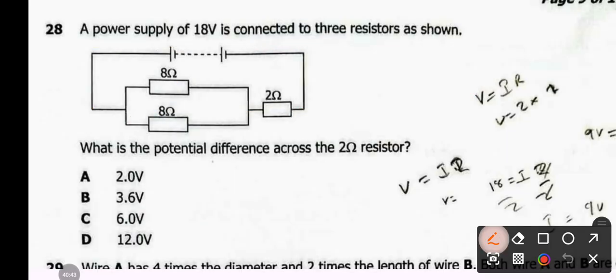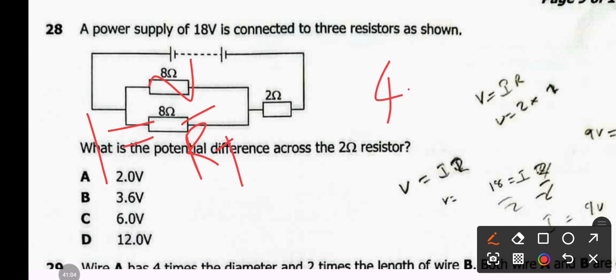Current is equal to V over R total, where R total is the total resistance. For the resistors connected in parallel, since there are 2 equal 8 ohm resistors, we just halve them, giving 4. So it's 4 plus 2, which is 6 ohms.